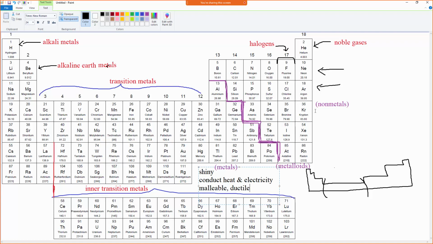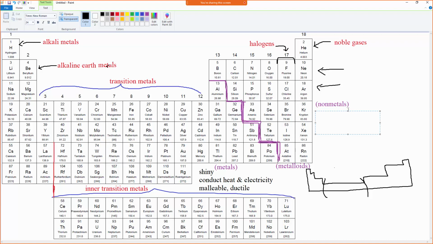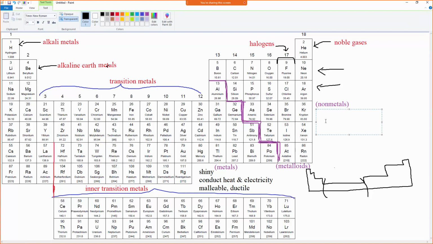So to contrast that with nonmetals, right? If you think of nonmetals, a good example here is carbon, coal, right? A lump of coal. It is not shiny. There's no luster to it, right? It doesn't conduct heat or electricity. In fact, it'll just try to light on fire if you tried to do that.